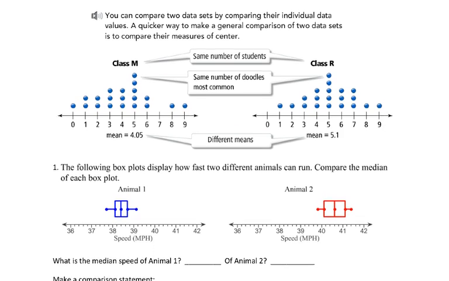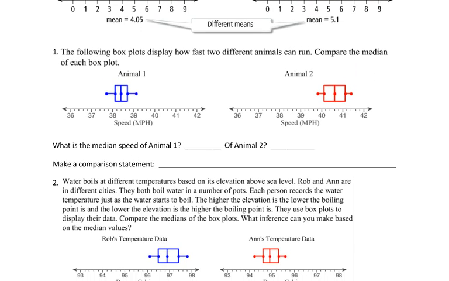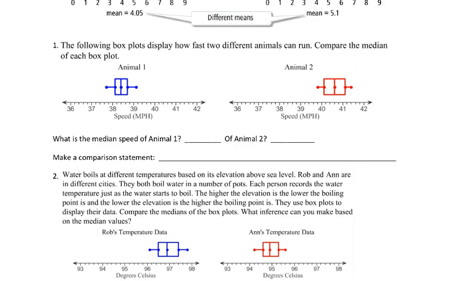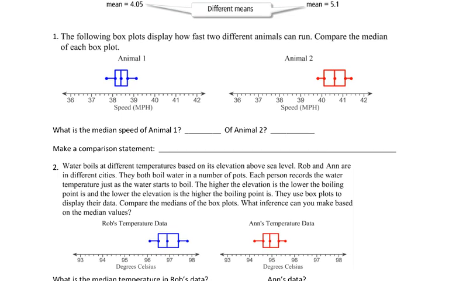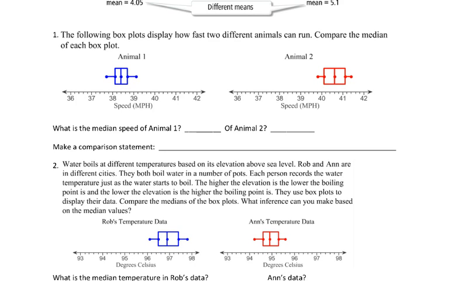So in number 1 here, it says the following box plots display how fast two different animals can run. Compare the median of each box plot. If you recall what box plots are made of, the left-hand dot is the minimum, then it goes Q1, then the third dot is the median, the fourth one is Q3, and the fifth one is the max.